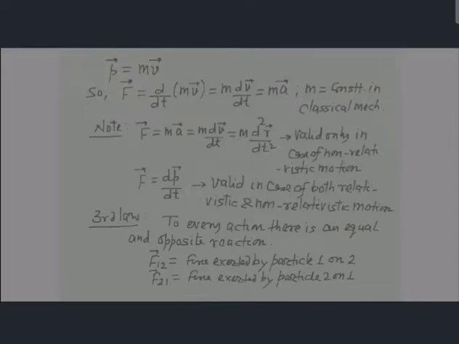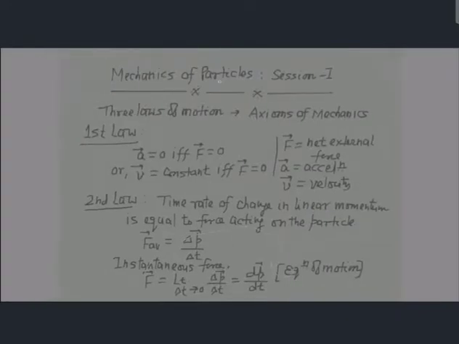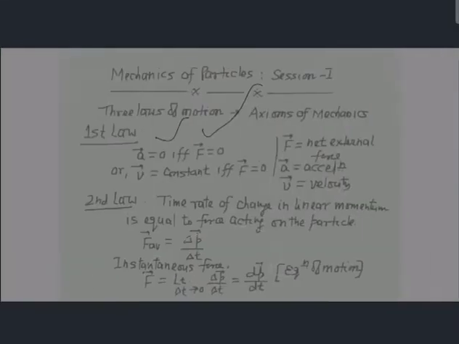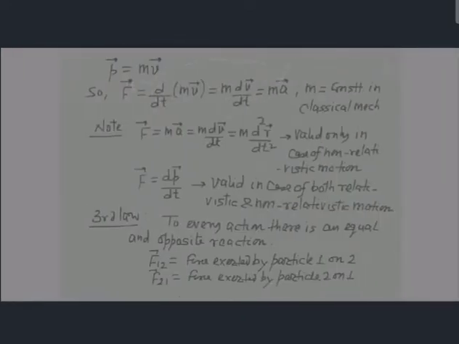Now from the second law of motion of Newton, you can always approach the first law of motion, because the second law says F equal to ma. The first law of motion was saying acceleration equal to 0 if force equal to 0 and vice versa. F equal to ma is the statement of the second law, so from the second law you can go towards the first law.